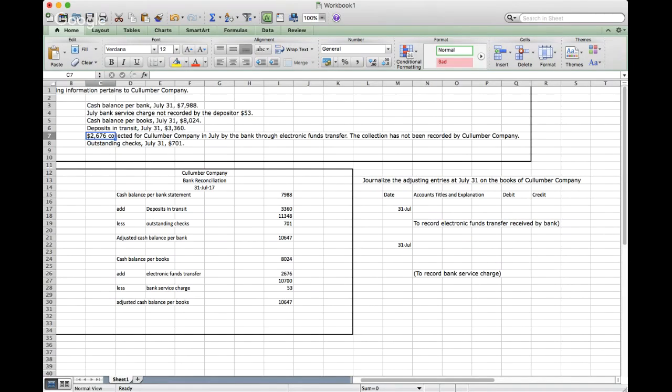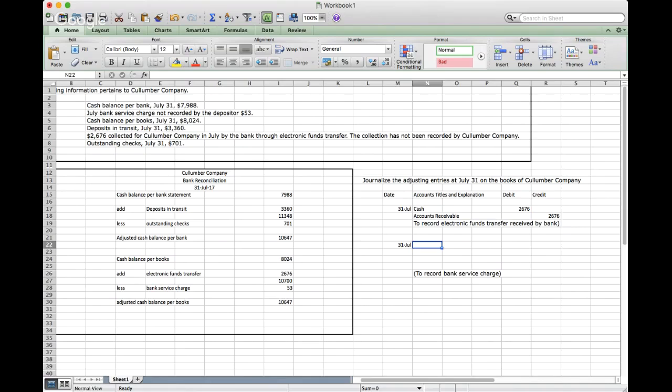So we see that's 2,676. So we're gonna start off by debiting cash. And then we're gonna credit accounts receivable for the same amount. Okay, and then the second part is to record bank service charge.